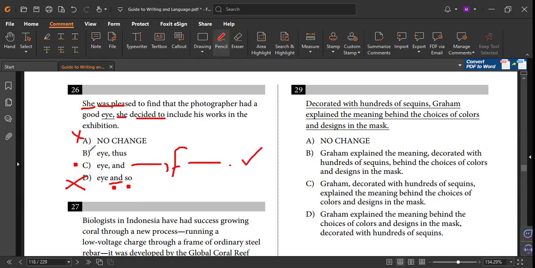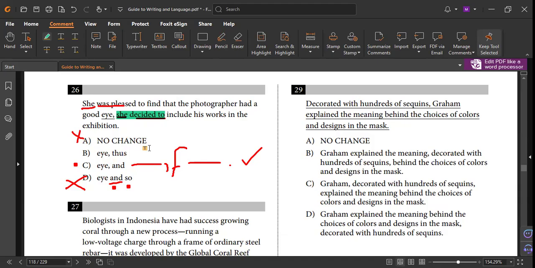But why is B wrong? That is a trap. As I told you, "thus" is a conjunctive adverb. If you want to use it at the beginning of the sentence like that, you need a full stop or semicolon before. So "thus" cannot work as the FANBOYS. Yes. FANBOYS, as you know, are not with them.